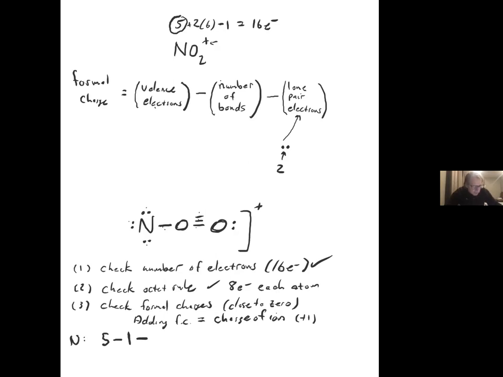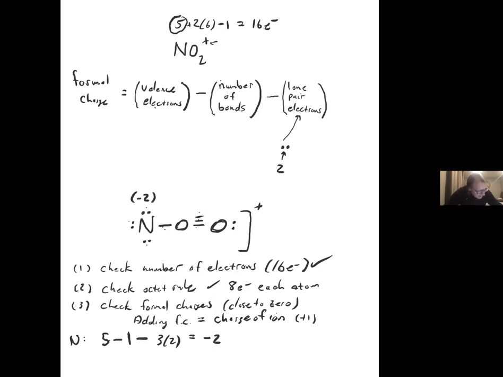And remember, a lone pair has 2. So if you have 3 lone pairs, that's 6. Right? That's 6 electrons, 3 times 2. So what do you get? You get 5 minus 1 is 4. Minus 6, 4 minus 6 is minus 2. So I'm going to write up here minus 2.